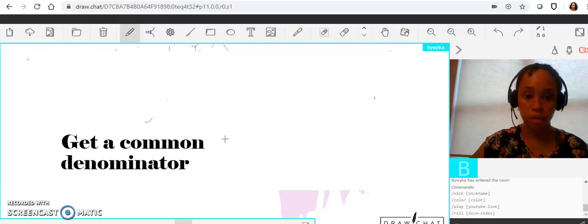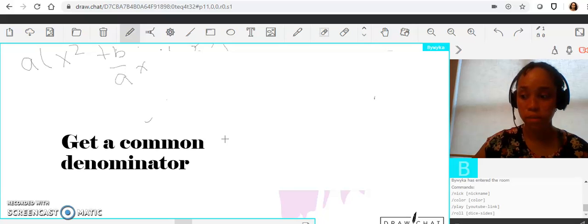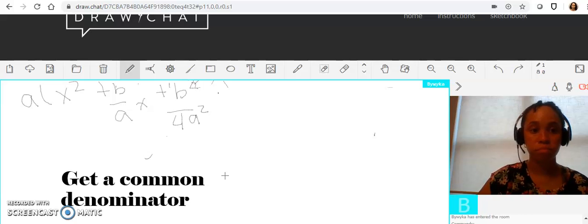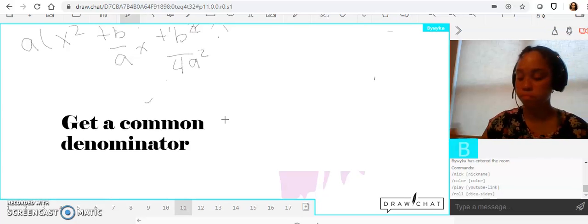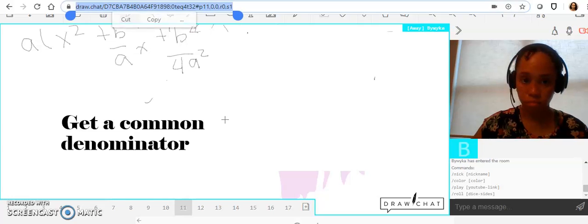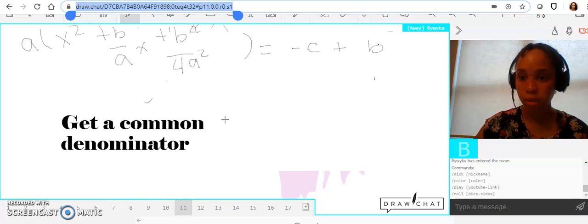So we have a times x squared plus b over a x plus b squared all over 4a squared is equal to, remember we had negative c plus b squared all over 4a.